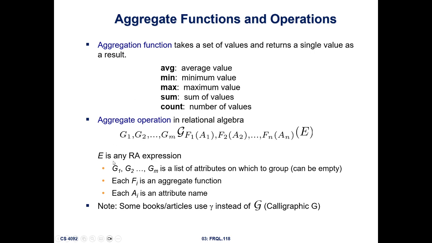And then essentially, if we have a list of attributes on which to group from G1 up to Gm, we could apply these types of functions to them there. So for my group of G, I'm going to apply my function 1 to my attribute 1, function 2 to attribute 2, and just kind of apply them across the board using relational algebra.